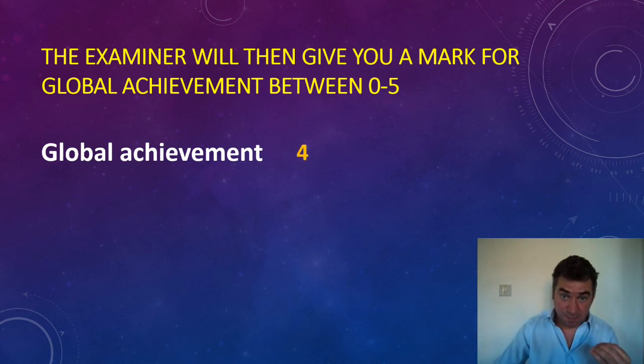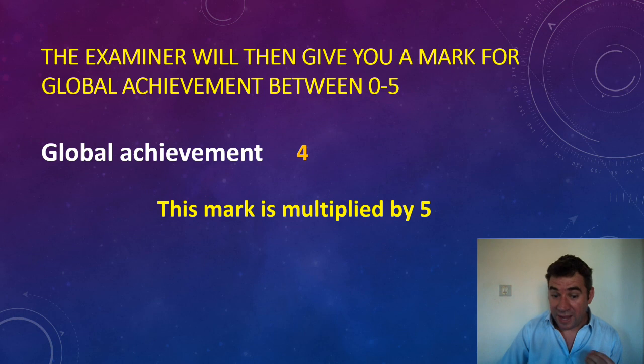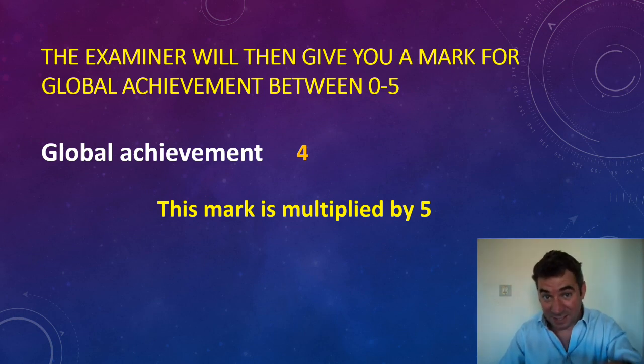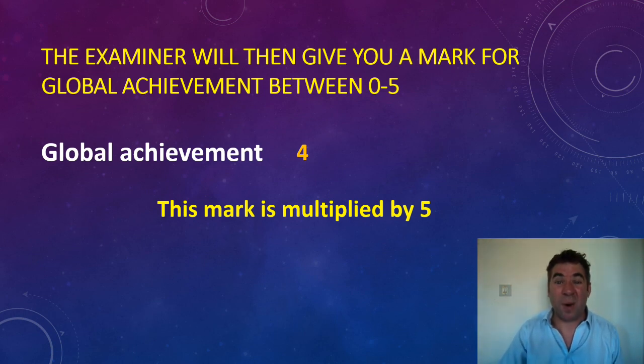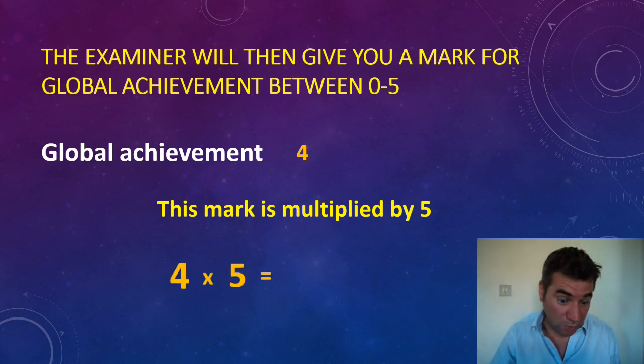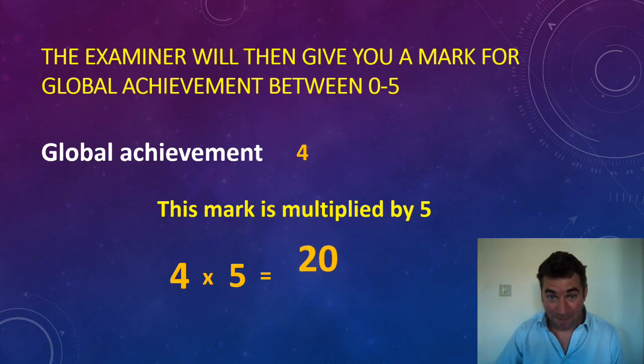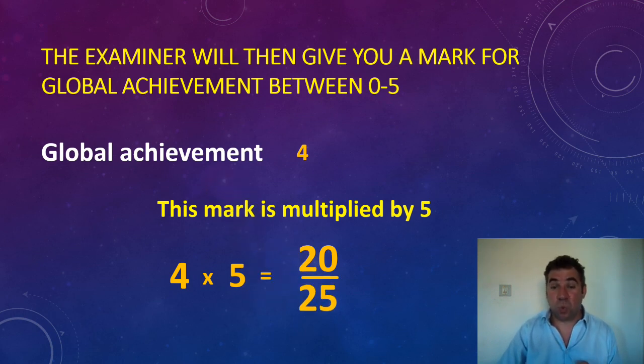So let's say this particular candidate did very well and got 4 out of 5. What the examiner will do then is multiply this global achievement mark by 5, giving you obviously 4 times 5 equals, it's like a maths class this, 20. Okay, so this student did really well. He got 20 out of 25.